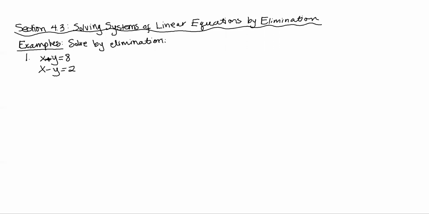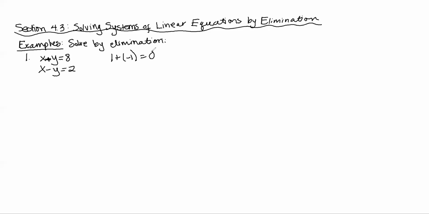But elimination is even nicer, because what we're looking for in elimination is we want 2 of our coefficients on both the x's or both the y's to be opposites of each other. And so our x's both have a 1, but our y's have a 1 and a -1, which makes them opposites. If you remember, when we add opposites together, we get 0. So that's how we're going to eliminate one of our variables here.